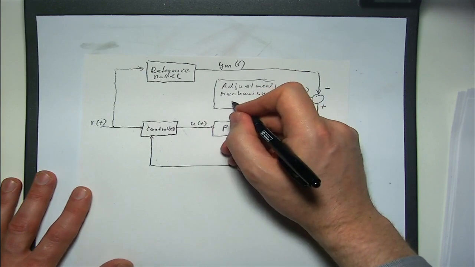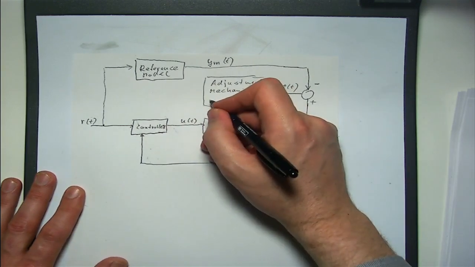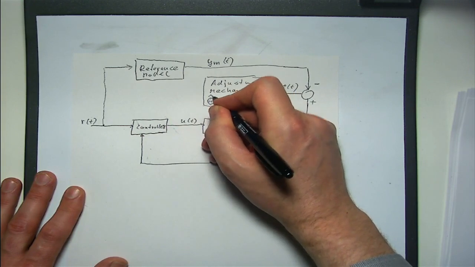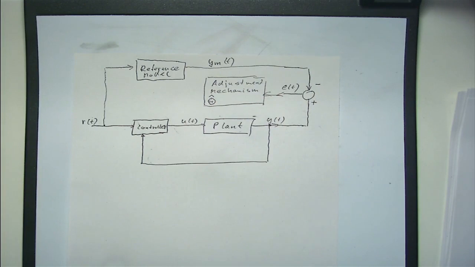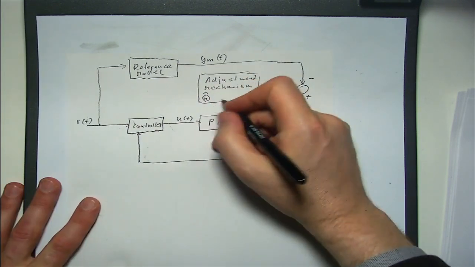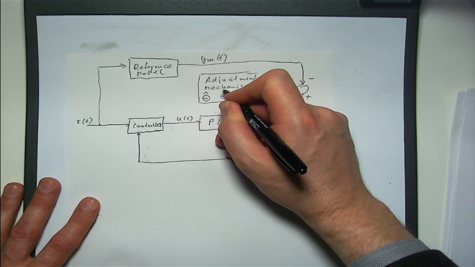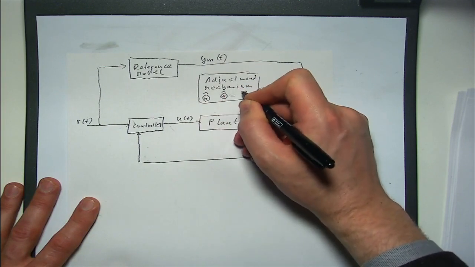And we have some parameters which we need to adjust, which we usually call theta hat. The adjustment mechanism is usually the derivative of theta hat with respect to time. And this is something we need to derive.